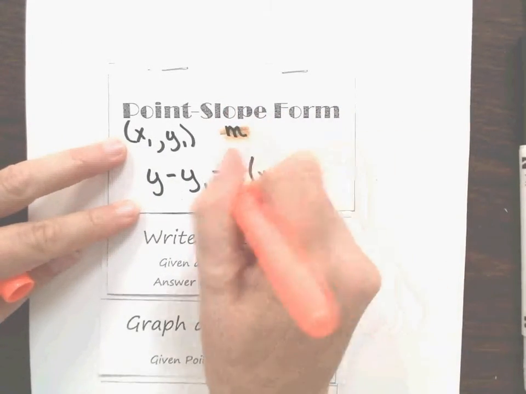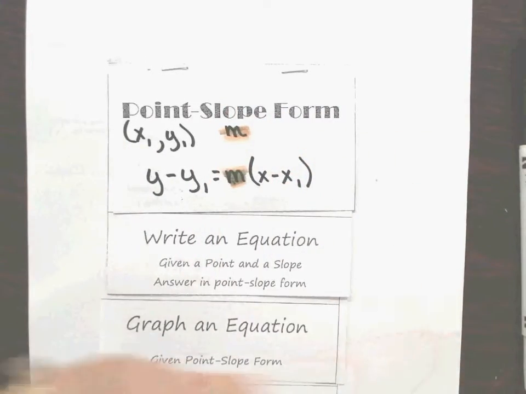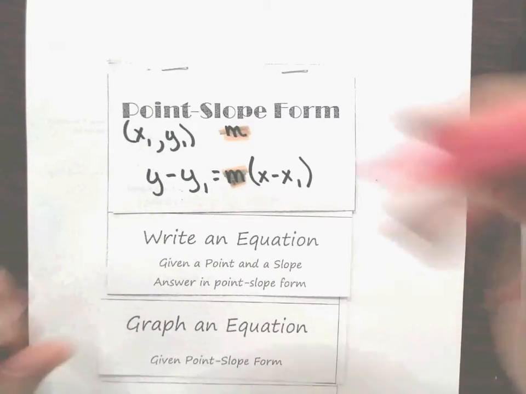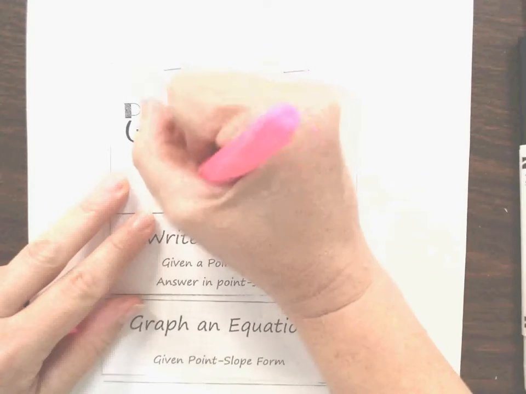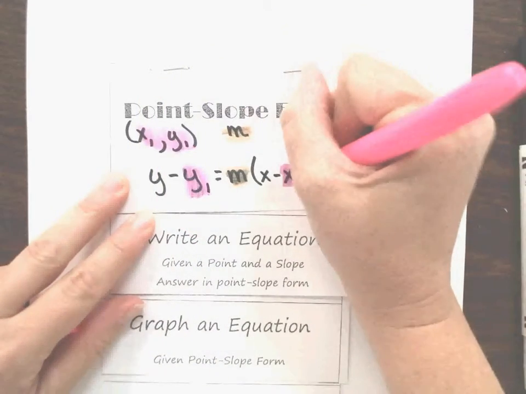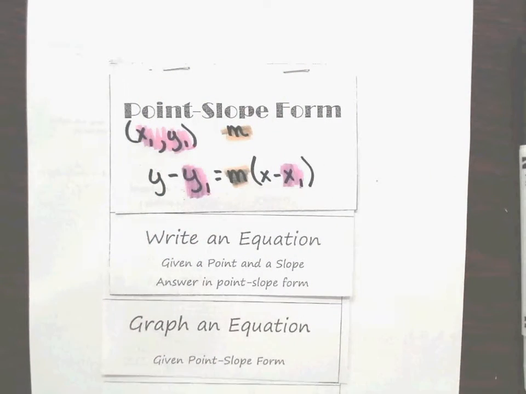So that lines up. And your ordered pair x, y lines up. Okay, so there are things you need to look out for or be careful of.